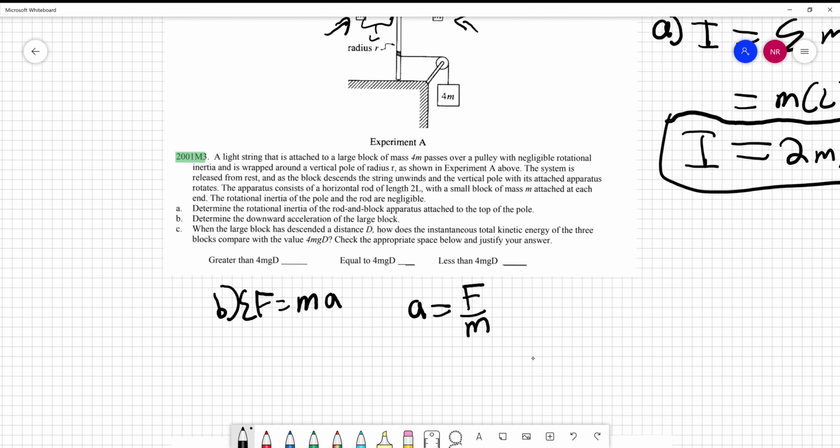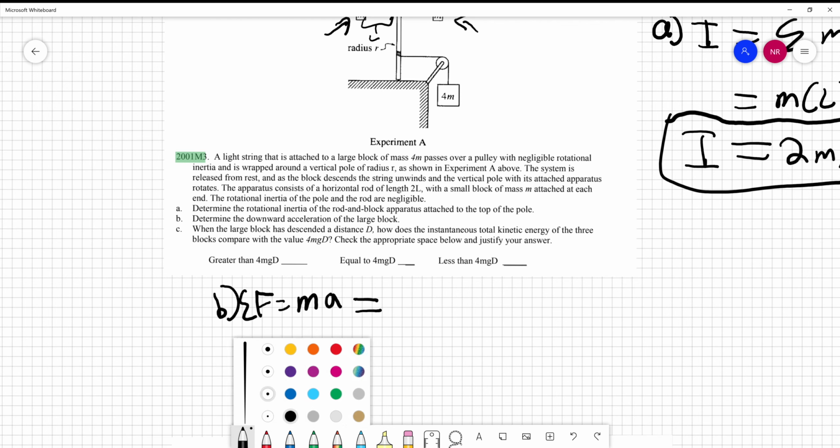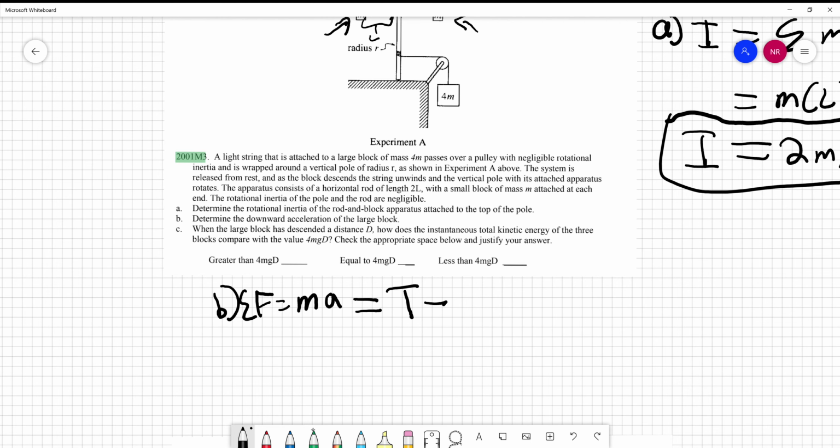But we can get to that part later. To start off, to find the force, sigma F equals ma, which is equal to the force of tension minus the force of gravity.